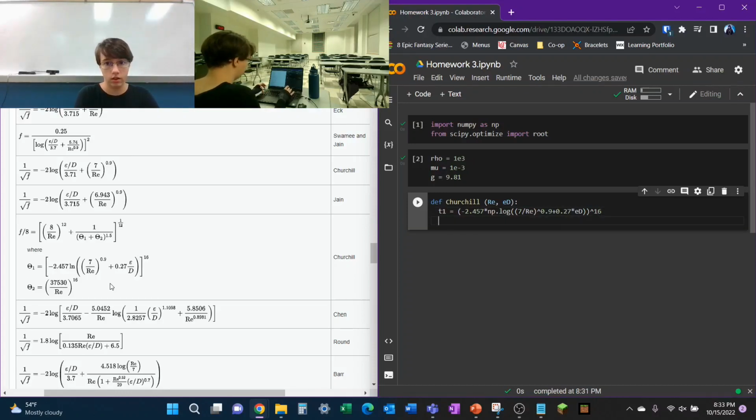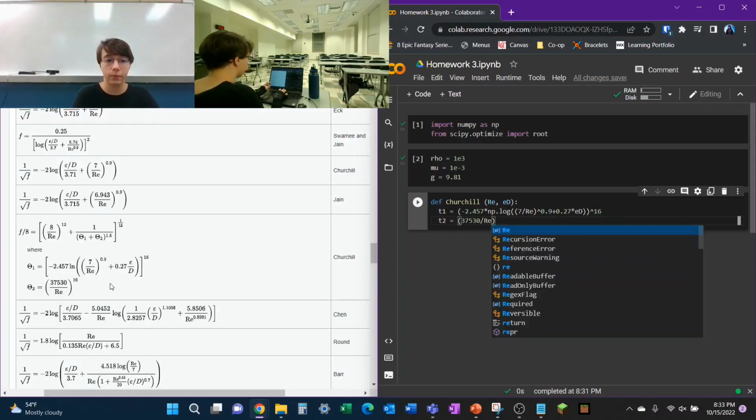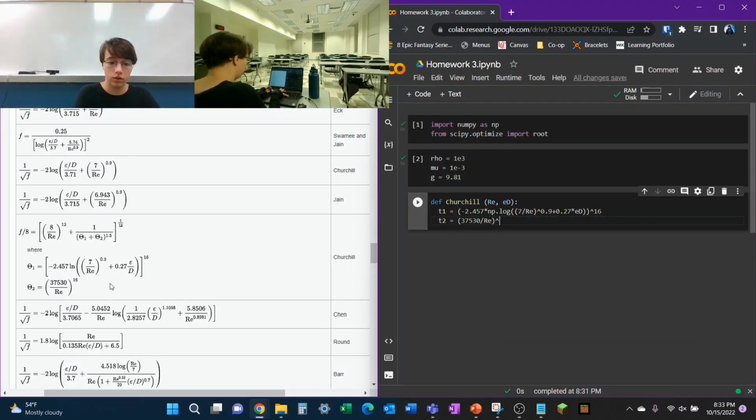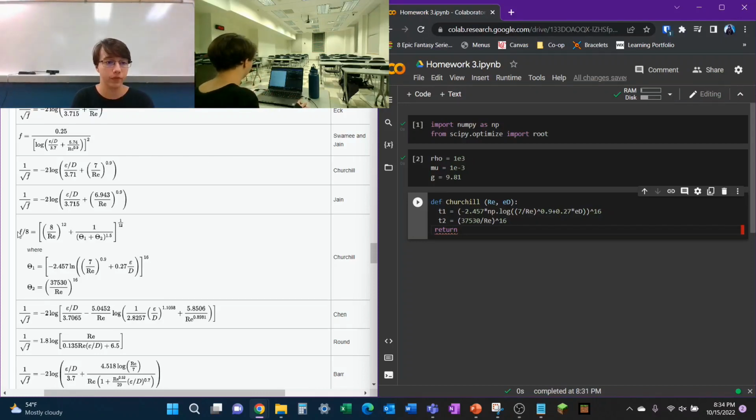Right. So then theta 2 is going to be equal to 37530 divided by the Reynolds number, to the 16th power. All right, and then for this function, we're going to return this up here.